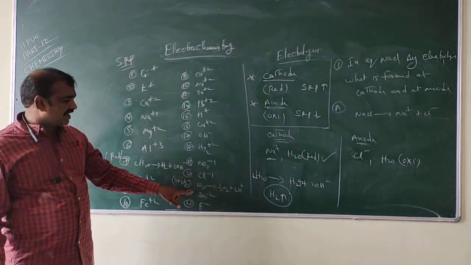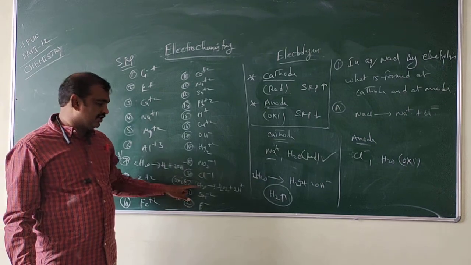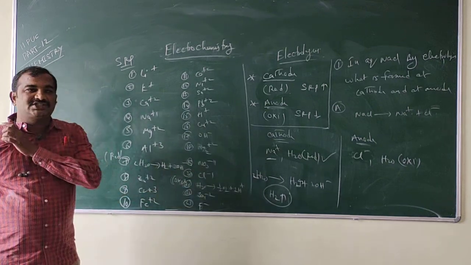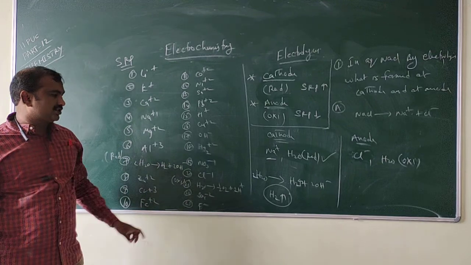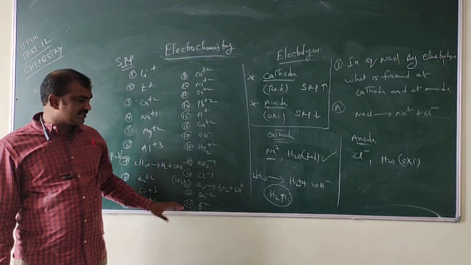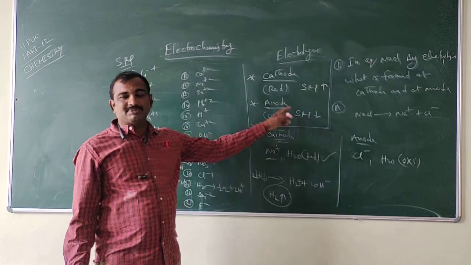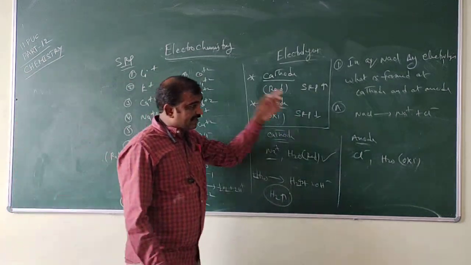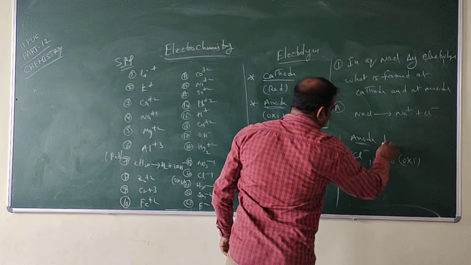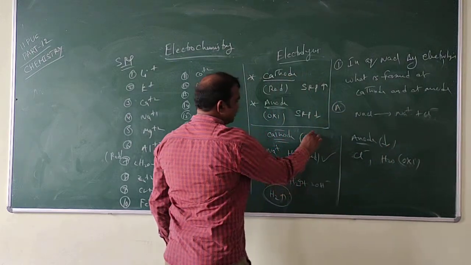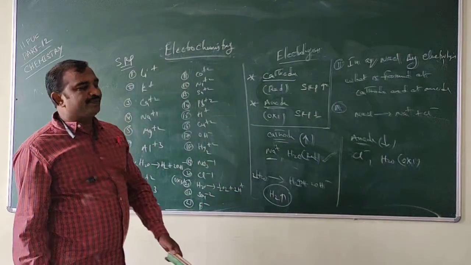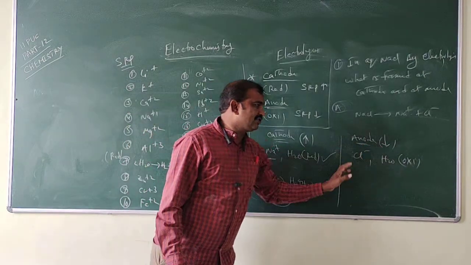This is oxidation, this is reduction. H2O and Cl-, which is having less SRP value? This one is having less SRP value at the anode. Anode SRP value is low. That only we have to consider. Cathode SRP value is more, so anode SRP value is low.